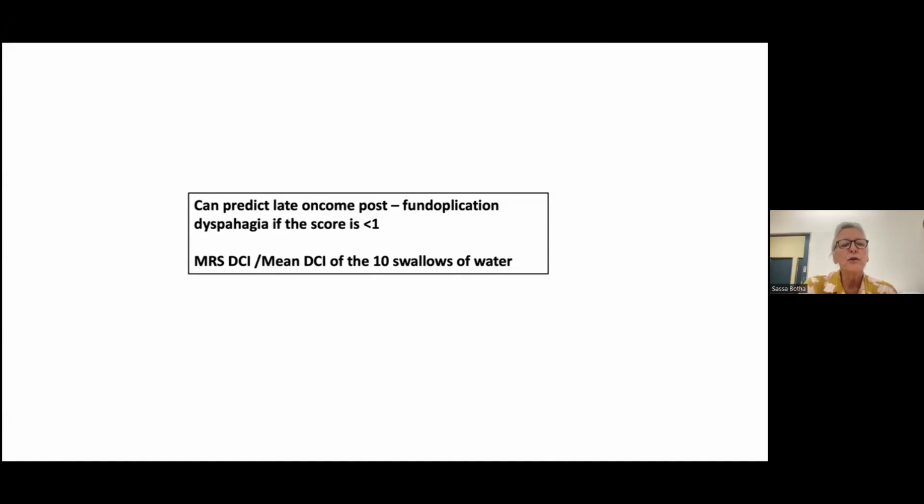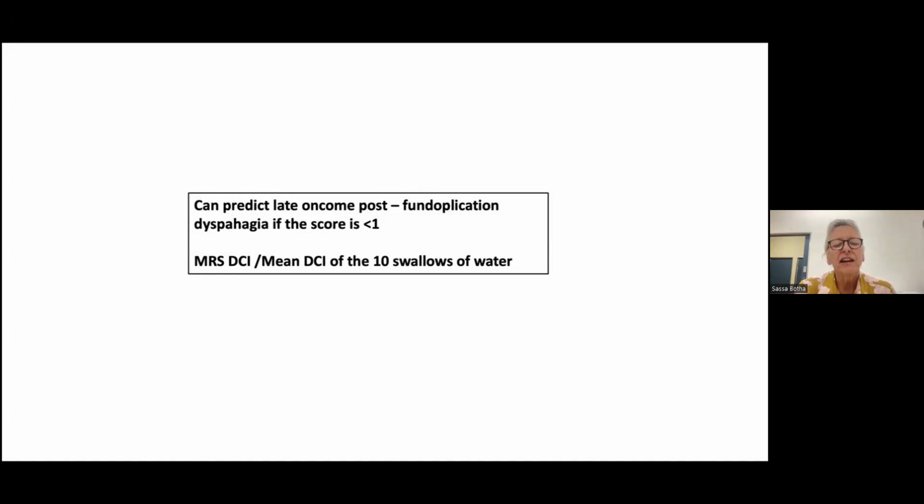The equation, multiple rapid swallows DCI over the mean DCI of the 10 swallows, should be more than 1. If it's less than 1, they tend to get late onset dysphagia post fundoplication.